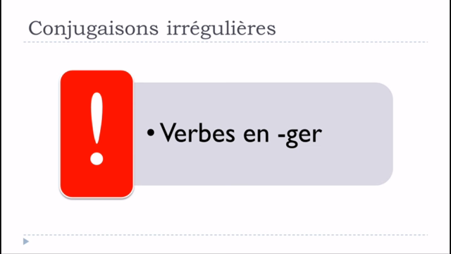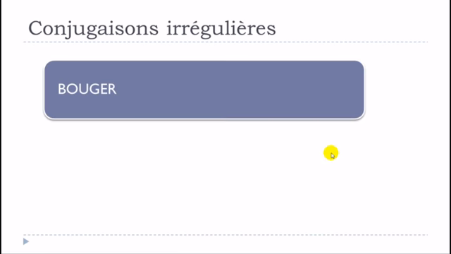For the endings, it won't be really a problem, but for some subgroups, we will have some modifications, and this is one of the subgroups that we will talk about, verbs ending with GER, and we'll see the reason why we've got these modifications.